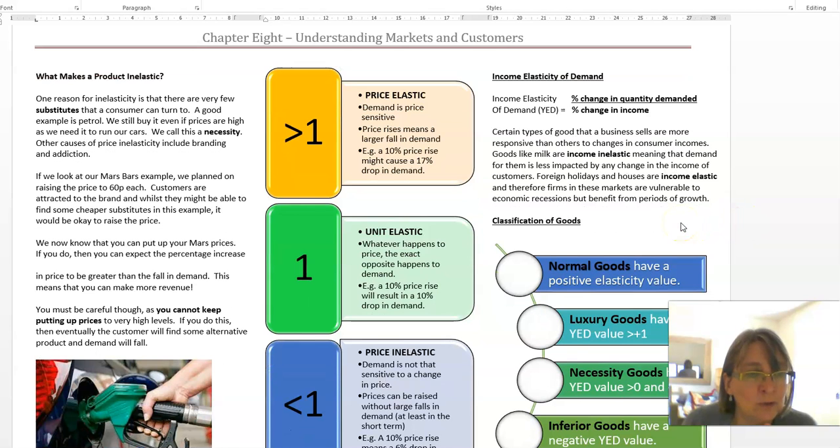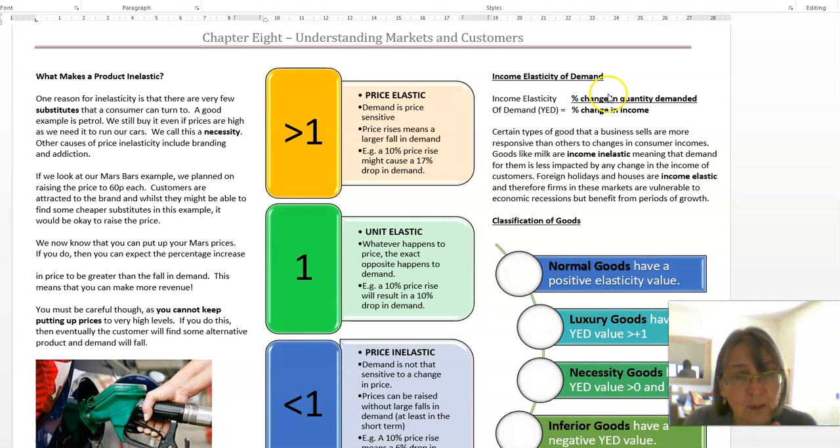We can look, on the other hand, at income elasticity of demand, whereas price elasticity is something we have control over, income elasticity is something we do not have control over. When the population's income changes, what will happen to the demand for our goods?